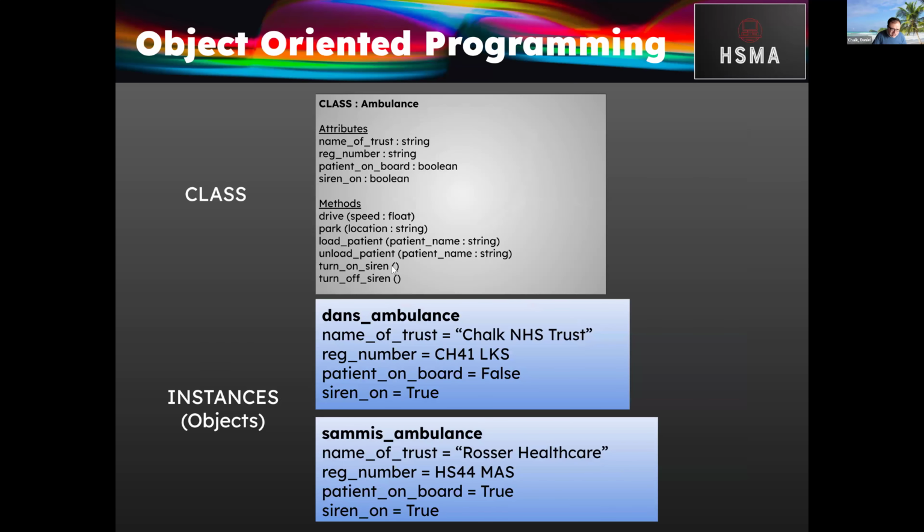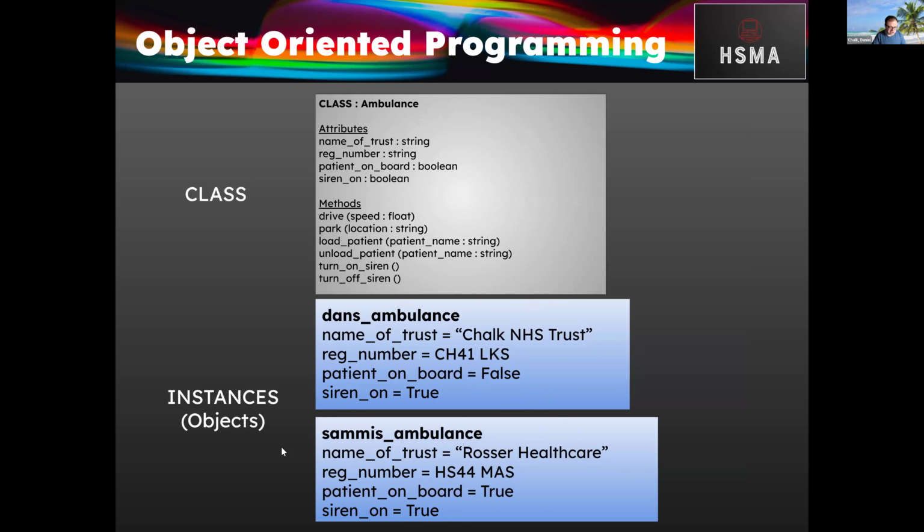So that's the class, that's the blueprint, and these would be specific instances of that class. These are our objects. We create a class which defines what an ambulance is and does, and then when we want to use that, we create instances of that class, and we work with them as objects.